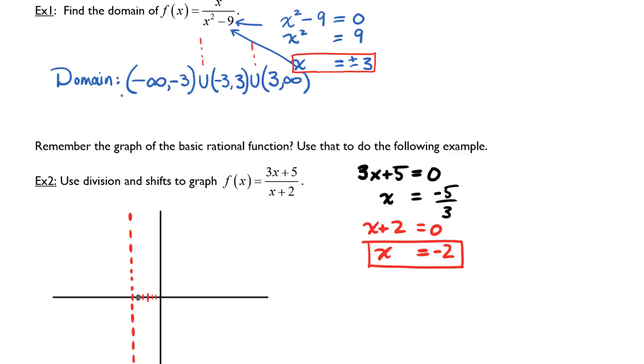Now here's something I haven't talked about too much yet. If the leading coefficients' degree matches, so both of these are 1, then there is a horizontal asymptote at the value of 3 over 1. So there is a horizontal asymptote at 3.